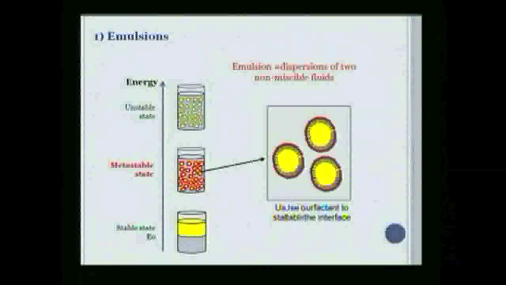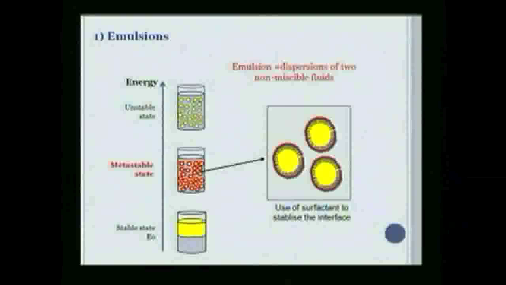During a few seconds, if you shake it very strongly, you can make droplets of oil into water or droplets of water into oil. You will be in this situation, but because the energy is very high, you have to shake a lot. You have to put energy in the system to obtain this. But this is an unstable state, and very quickly the system will go back to this situation.